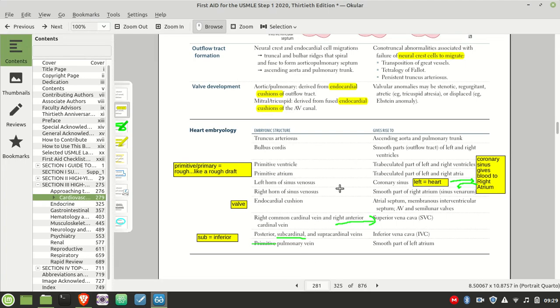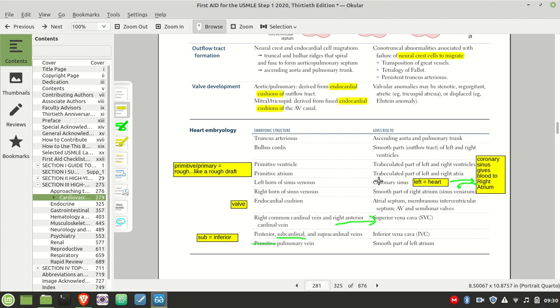So the left horn of the sinus venosus, well, you always think of the left as the heart, and this ends up dumping everything into the right atrium. So then the right horn, we were just talking about the right atrium. Look at this. It's the smooth part of the right atrium. Perfect. So again, here the big thing is the left horn.